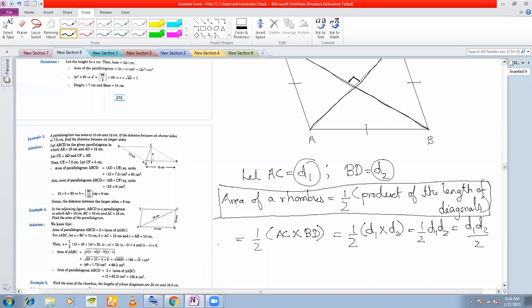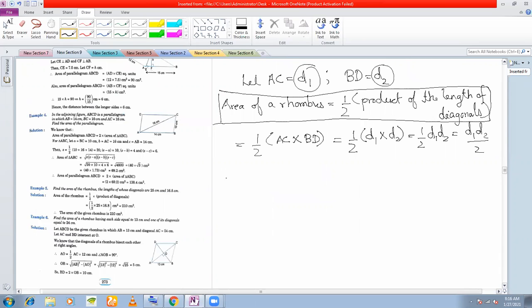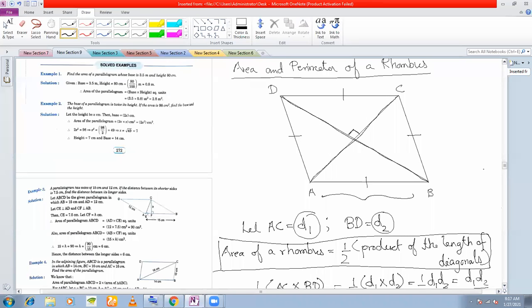Now we come to the perimeter of a rhombus. You know that the perimeter is nothing but the sum of the length of the boundaries. If you see here, the first boundary is AB, so we'll write AB.